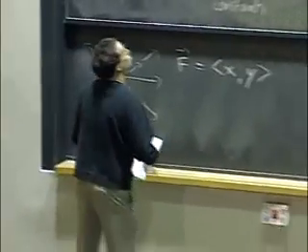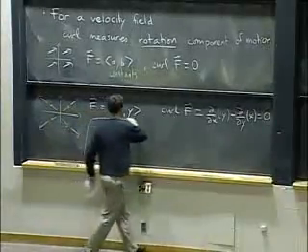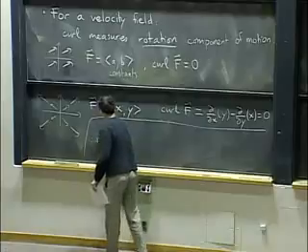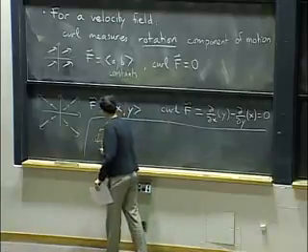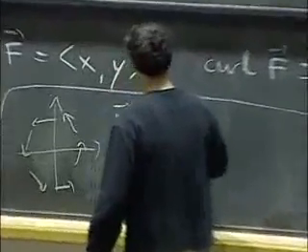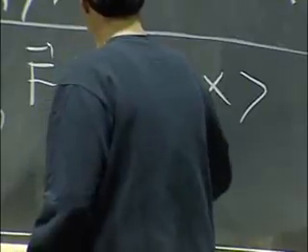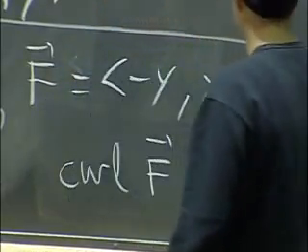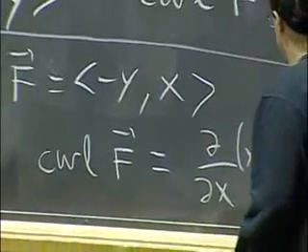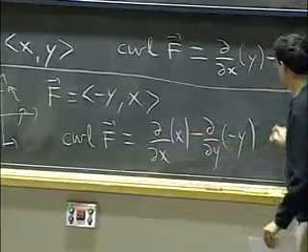On the other hand, if you consider our favorite rotation vector field, negative y and x, then its curl is going to be n sub x minus m sub y, which is 1 plus 1 equals 2.